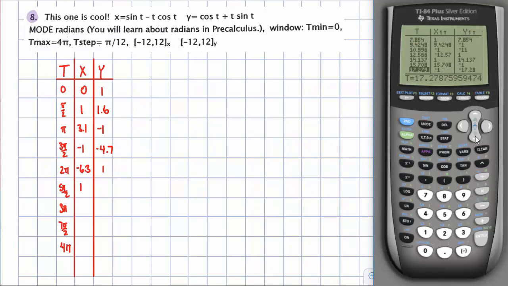And I have 1, 7.9. And then that's 1, 7.9, and then 9.4, negative 1. I have 2 more, negative 1, negative 11. And last one is negative 12.61. That's a decimal point right there.